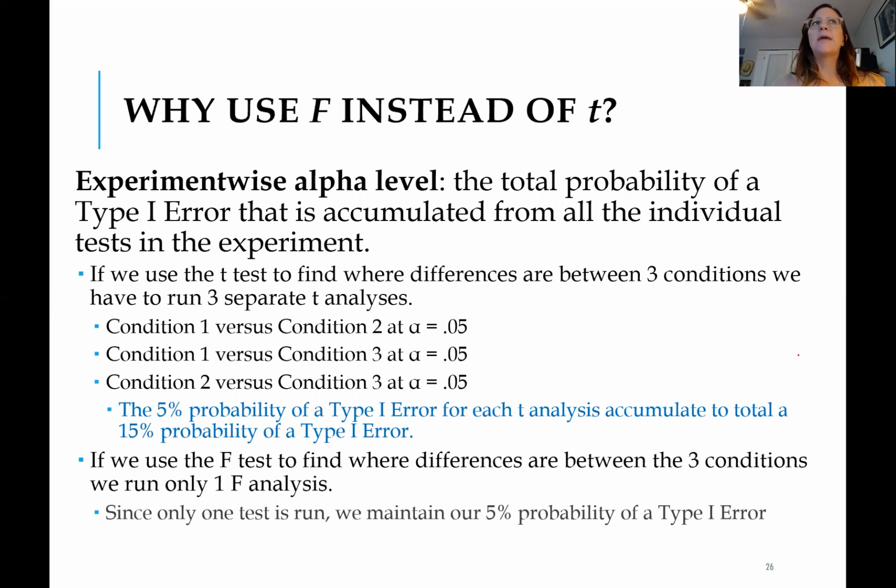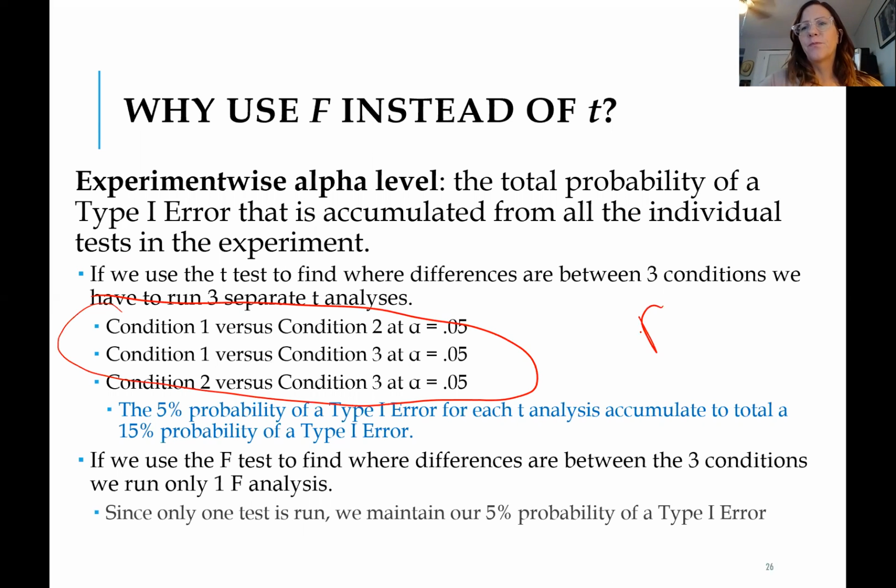So remember that type 1 error. It is the probability that your conclusion is an error based on setting the alpha level. And like I said, if you look at each of the conditions in t-tests and you look at 2 groups at a time, you would have to run 3 different analyses to find out what we did with 1 overall analysis with ANOVA.